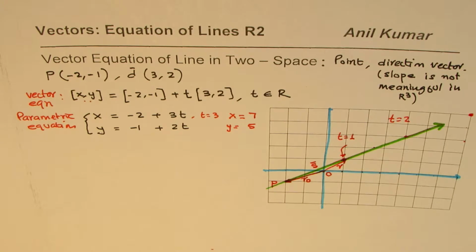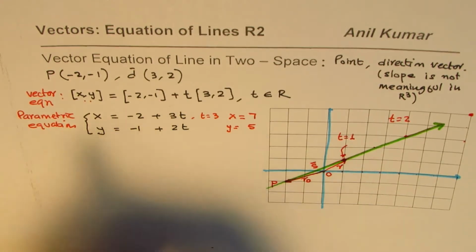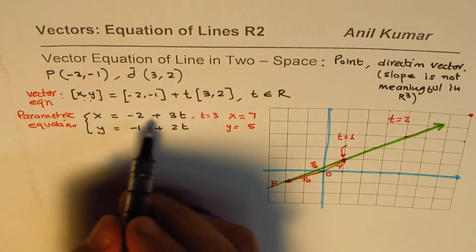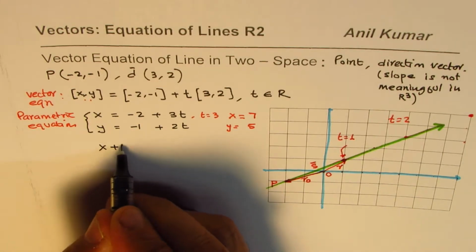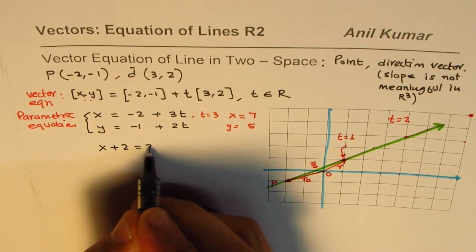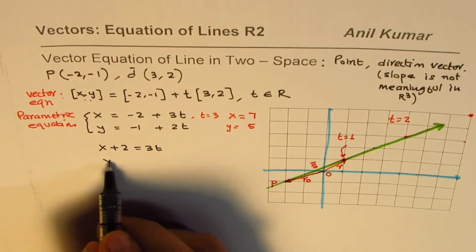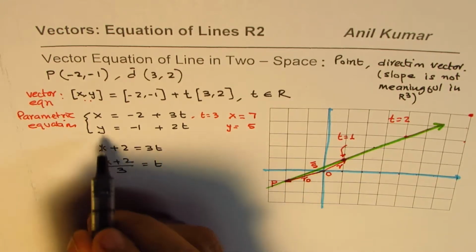Perfect. Now look here. I can isolate t from these equations. If I isolate t, then look at x. Bringing 2 to this side means x plus 2 equals 3t, and then we can divide by 3. So we get x plus 2 divided by 3 equals t.